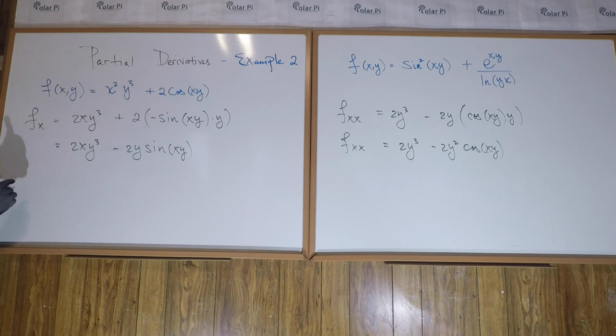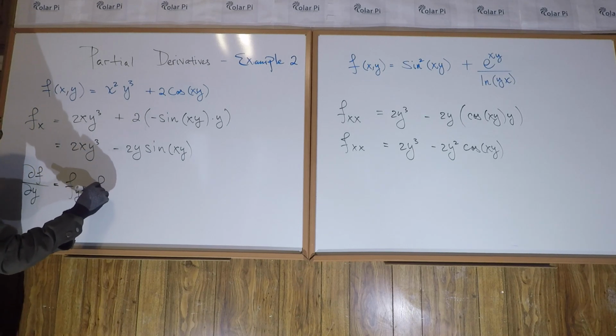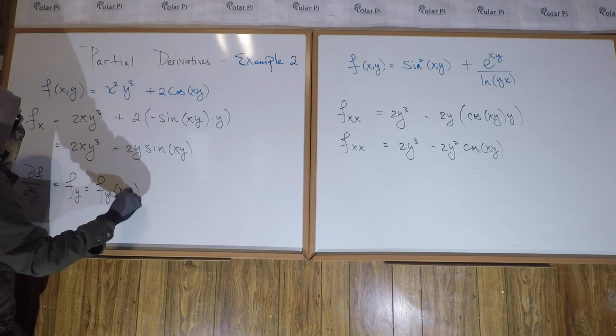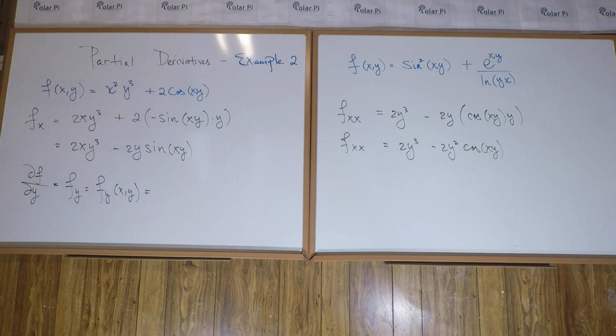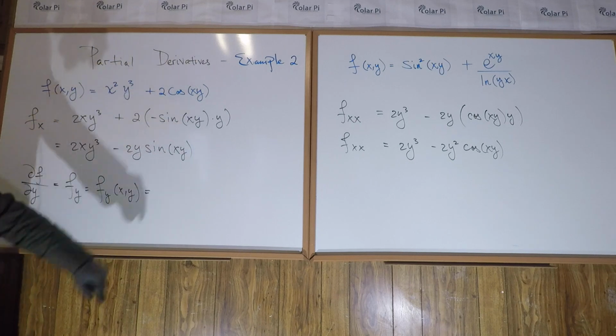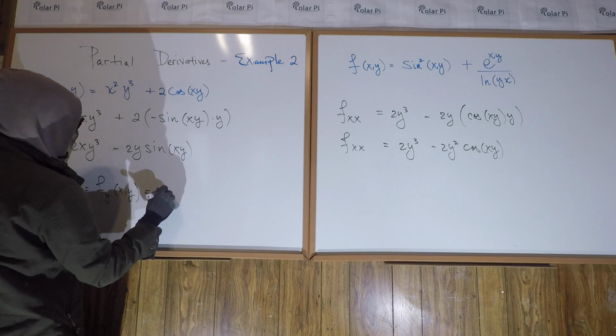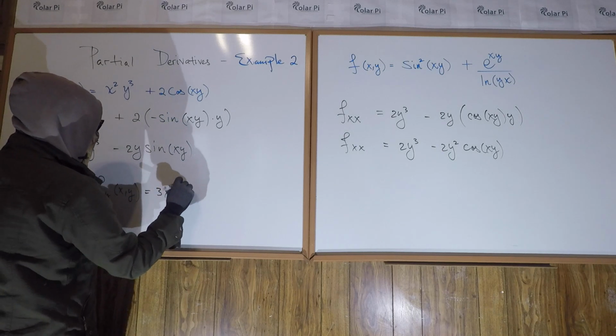And remember, as I said in the previous examples, there are other ways of denoting the partial with respect to x or y. And so for the partial with respect to y, we could write it like this, right? And so this here, which is the same as this here, which is the same as, in case you missed all the different ways to denote it, is equal to, well, we treat anything that's not a y in here as a constant. So that x squared is a constant, so we go 3x squared y squared.